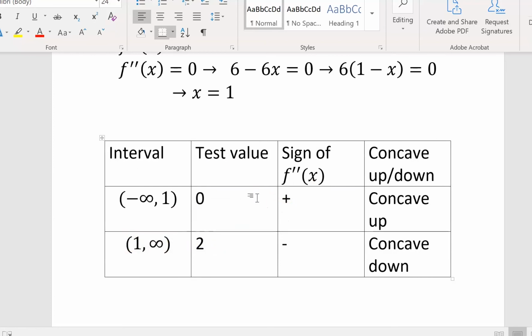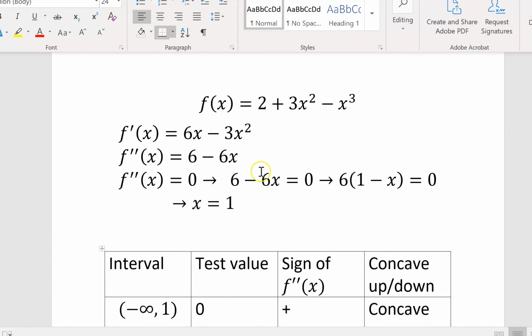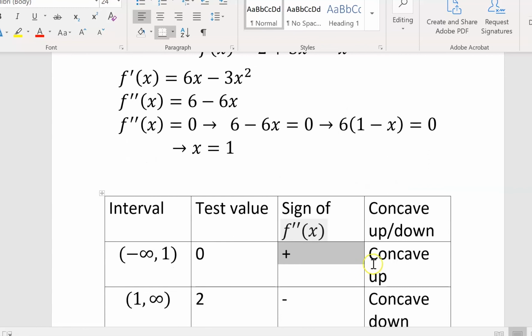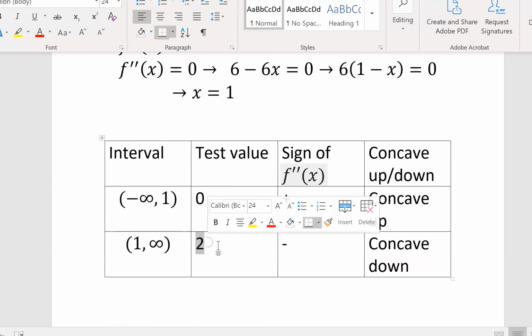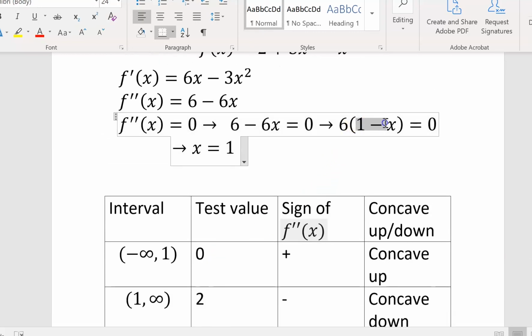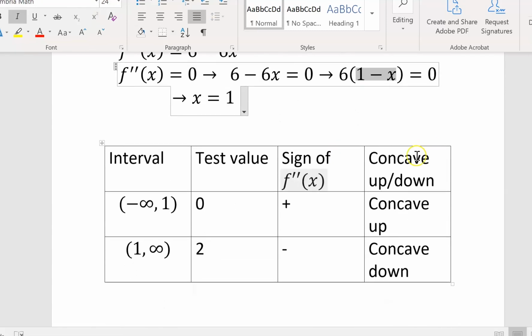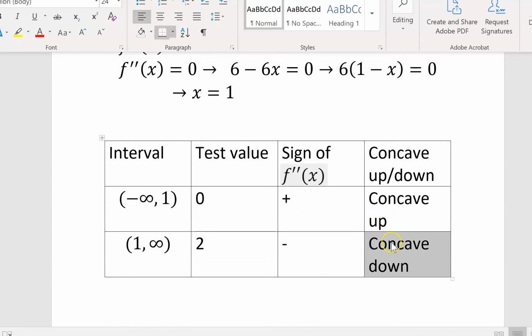When you plug the test value 0 into this second derivative, before you set it equal to 0, you get 6 times (1 minus 0). 1 minus 0 is 1, so that is positive, which means it is concave up in this interval. And if you look at the other interval, 1 to infinity, you take the test value 2 and put 2 here, you get 6 times (1 minus 2), which is negative 1 times 6, which is negative, so it's concave down in that interval.